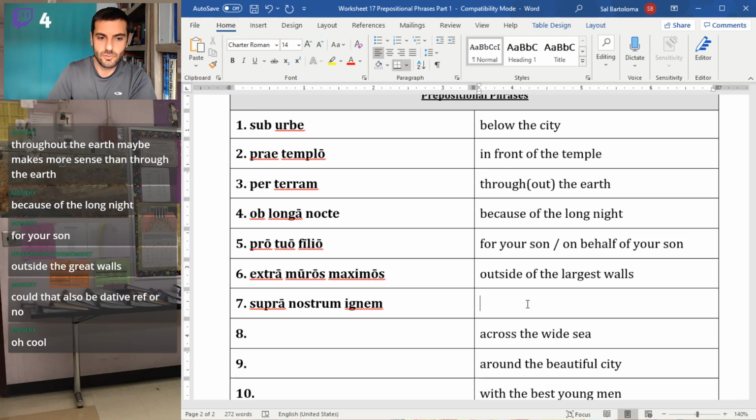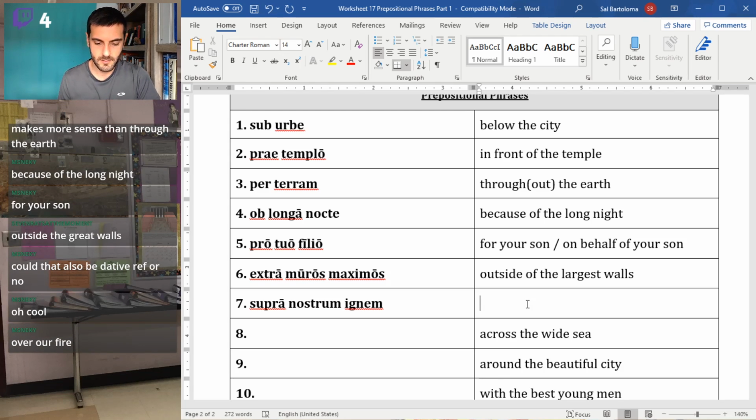How about number 7? Supra nostrum ignem. Supra is like super. They both kind of mean the same thing. Super, supra. Yeah, over our fire.